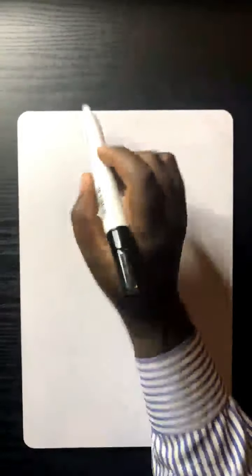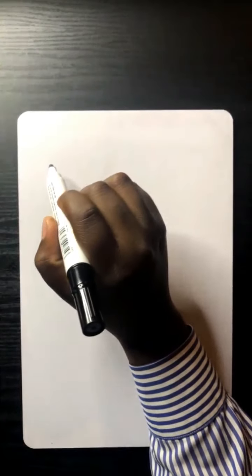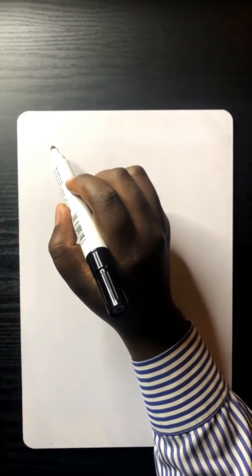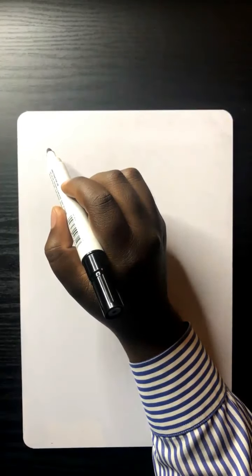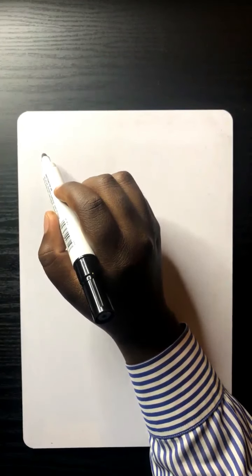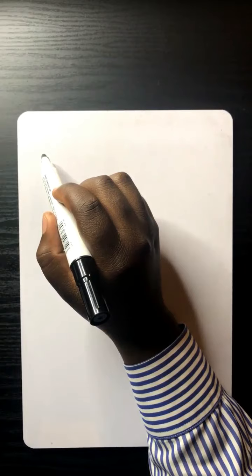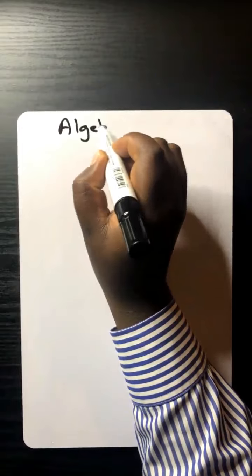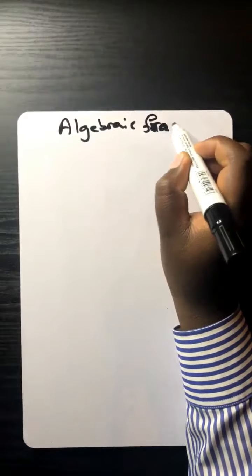teach you something which is called algebraic functions. So if you refer to that study guide that I sent to you, everything that I'll be talking about is on page 13, but I'm going to quickly summarize it for you in this lesson. So you can just quickly go to page 13, which is unit number 4, algebraic fractions.